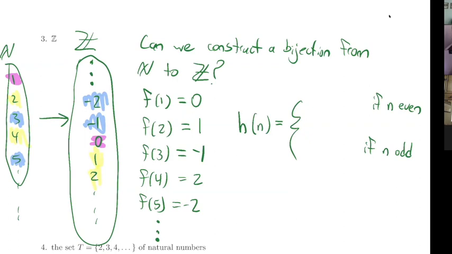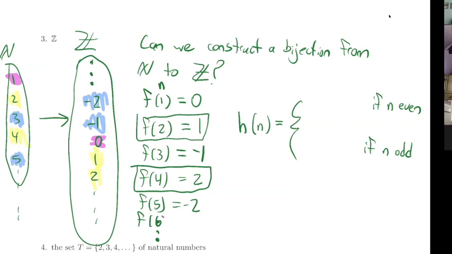So if n is even, n is the input that we have over here, by the way. So n is what goes in. So if n is even, that's like this one and this one, and that would have been the next one if we had drawn it.